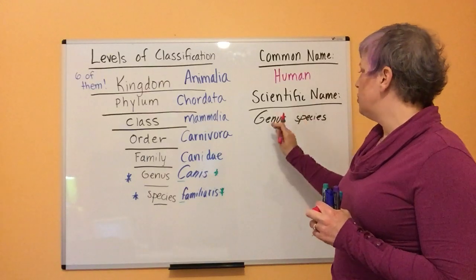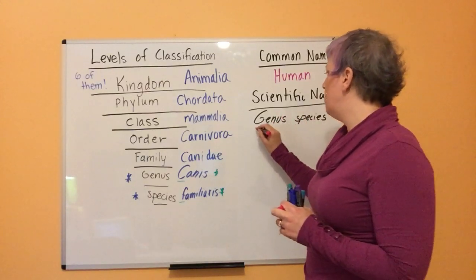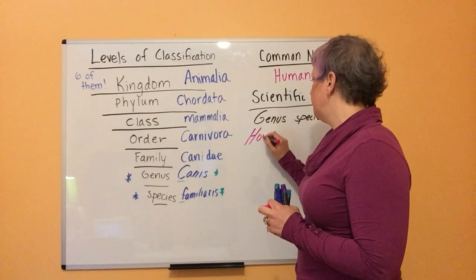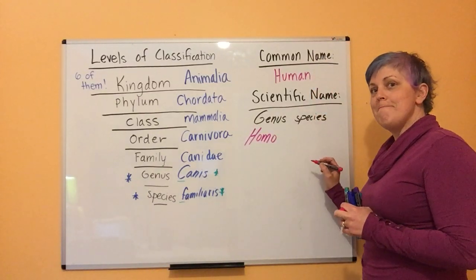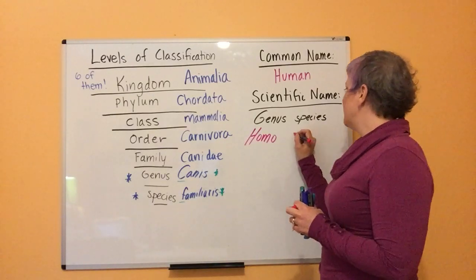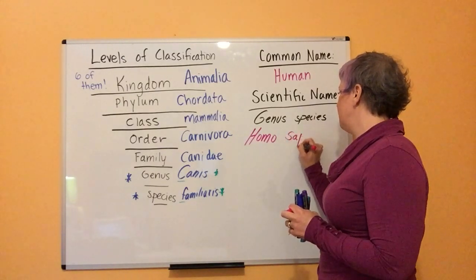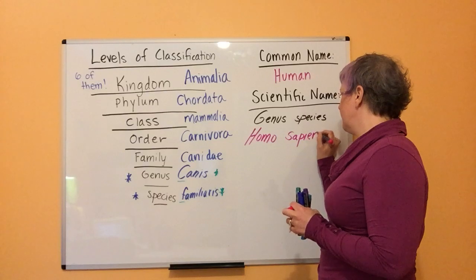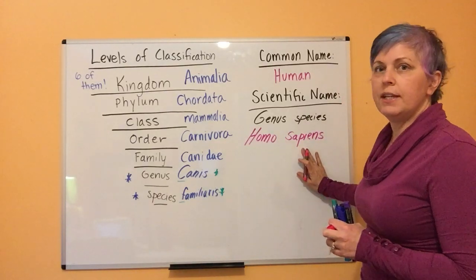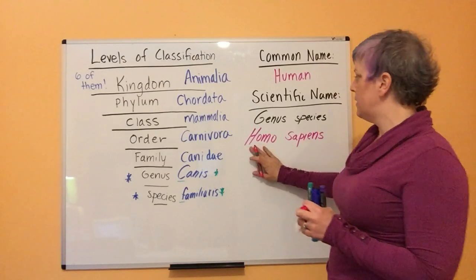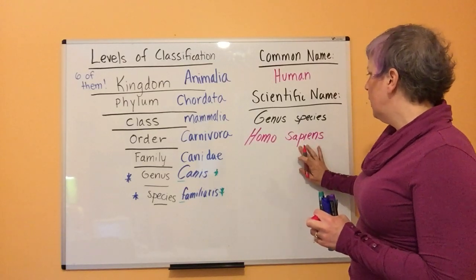We are under the genus Homo. And does anyone know our species name? It is sapiens. So Homo sapiens is our scientific name. This is our genus name and our species name.